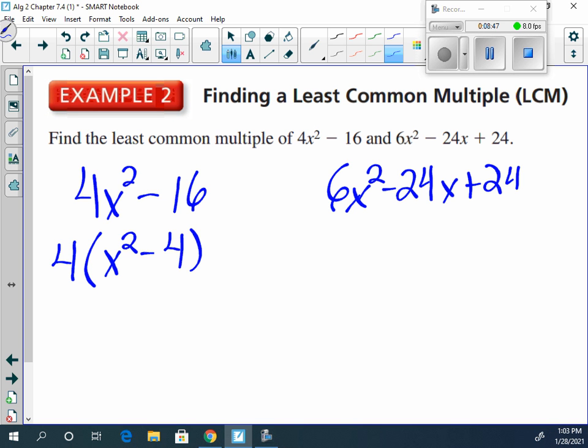That's what's left inside the parentheses. Now, x squared minus 4 will factor to what? It would be a difference of perfect squares, because x squared and 4 are both perfect squares, even with pulling the 4 out.